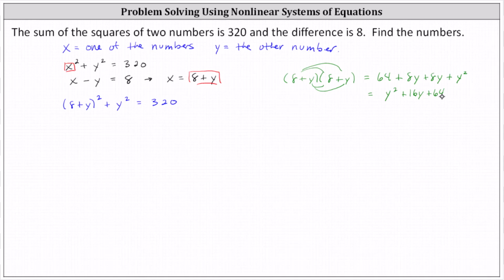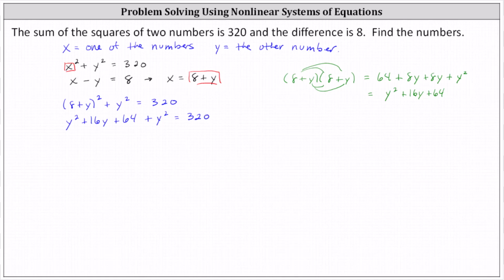Going back to our original work, our equation is now y squared plus 16y plus 64 plus y squared equals 320. Notice we have a quadratic equation, so now we'll combine like terms on the left and then set the right side of the equation equal to 0 by subtracting 320 on both sides.